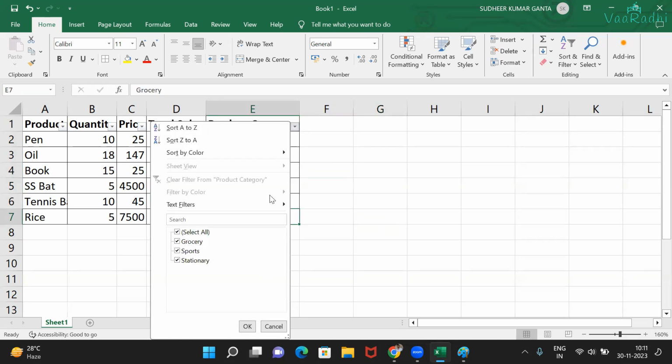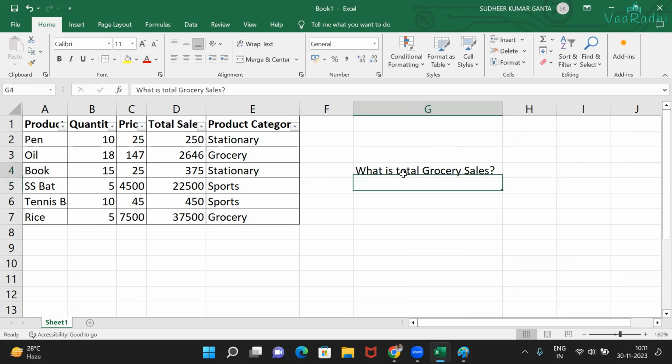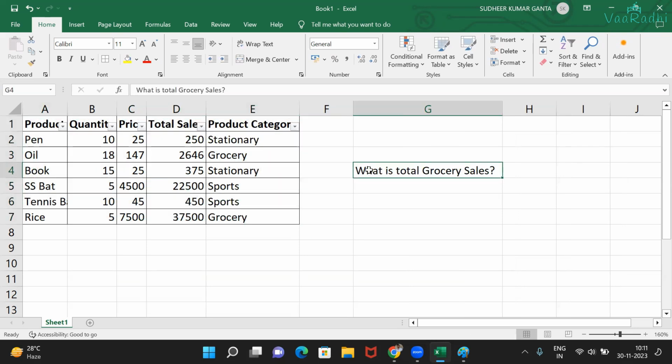Yes, sir. Perfect. So now my queries are this way. What is the total grocery sales? How can I achieve this? This is my sales data, and this is my question. How can I achieve it? D3 plus D7.